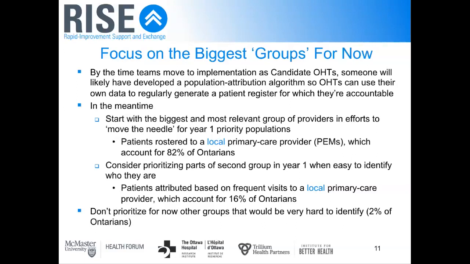Lots of nuances can come later, and Rob's pictogram helps you to understand what some of those nuances are, but the big picture is primary care docs and nurse practitioners and other providers of primary care know who their patients are. That's where you need to start in terms of working with an attributed population.